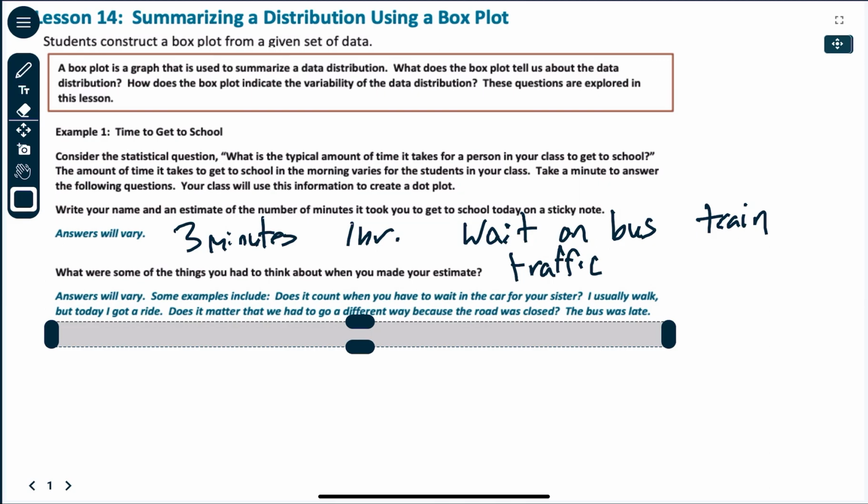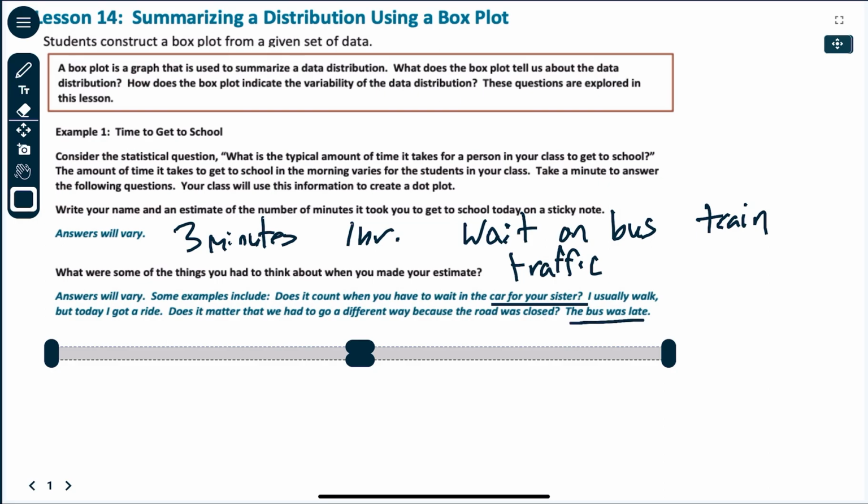Some of you may have to walk with your sister, a younger sibling. And in case the bus is late, sometimes it's stuck at the station waiting on people. There's just a lot of different ways that could affect your time getting to school.